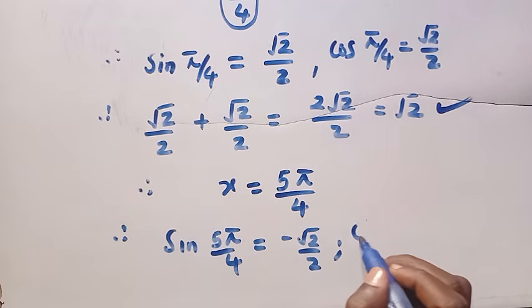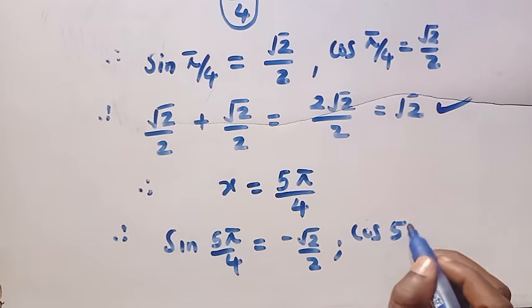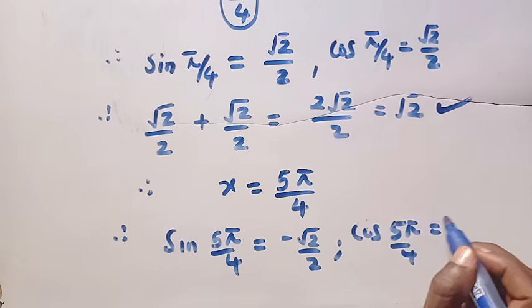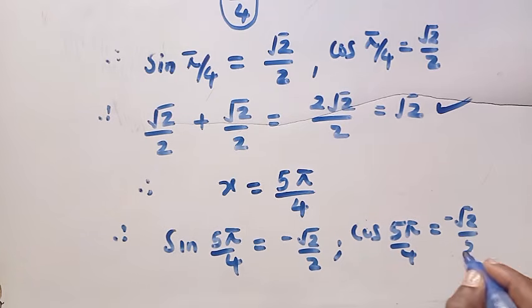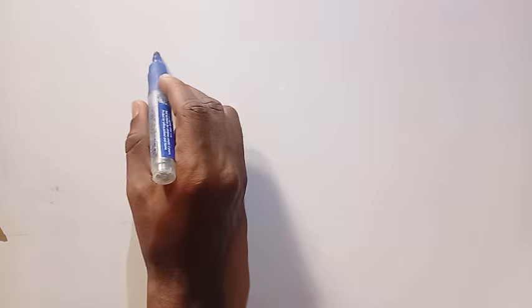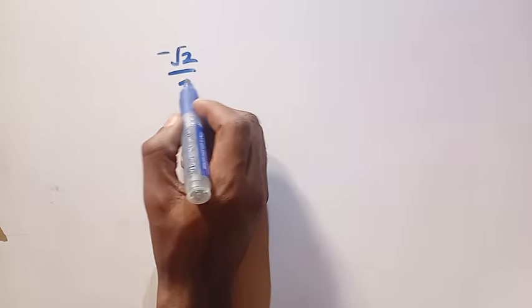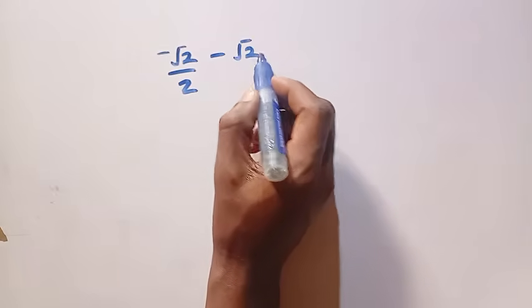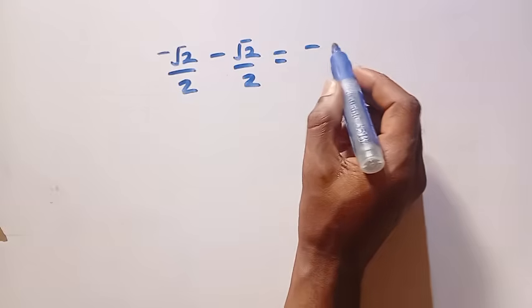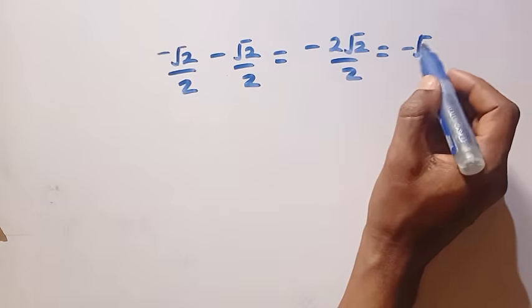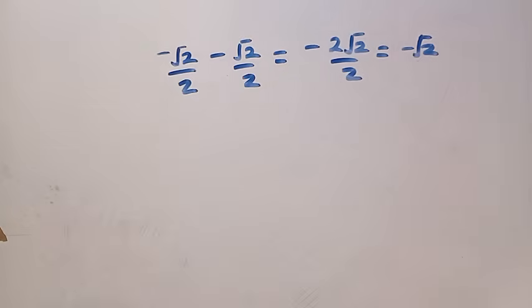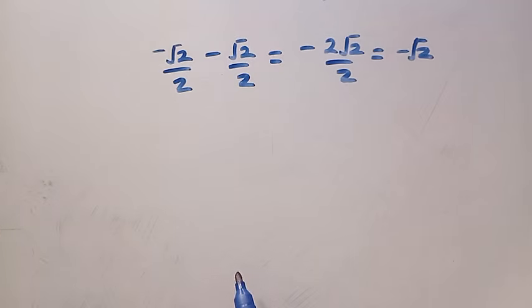And also cos 5 pi over 4 equals minus root 2 over 2. If I add them together, we are going to have minus root 2 over 2 minus root 2 over 2. So this equals minus 2 root 2 over 2, and that is minus root 2. This does not equal root 2. That's why we cannot consider everything.